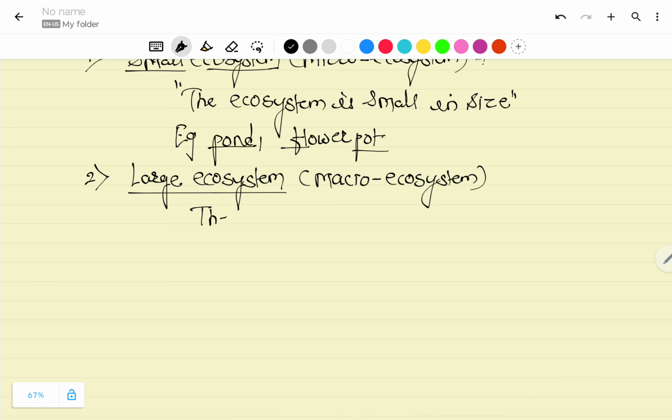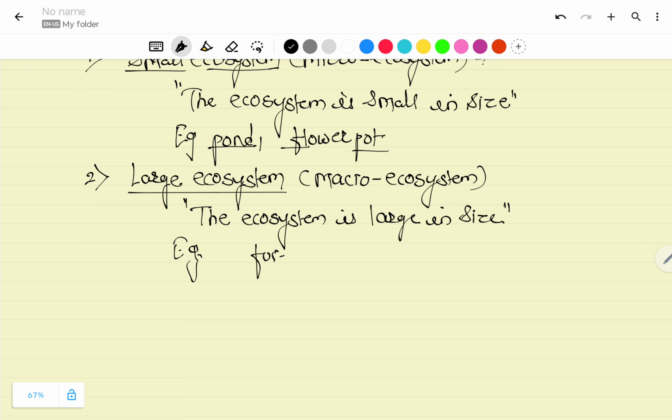The definition: the ecosystem is large in size. Examples: forest, desert, ocean. So these are examples of the large ecosystem.